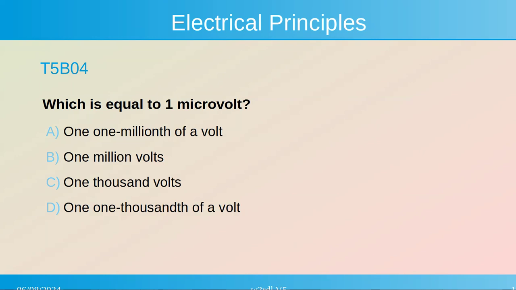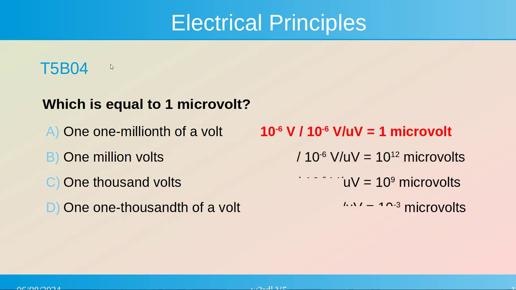Micro sounds like a mill. So we're talking 1 million volts on that? No, a microvolt is 1 millionth of a volt, right? That's the answer. Okay, 1 millionth.